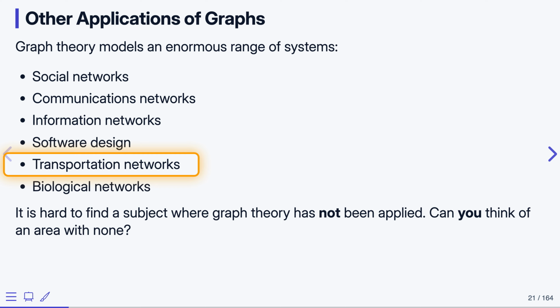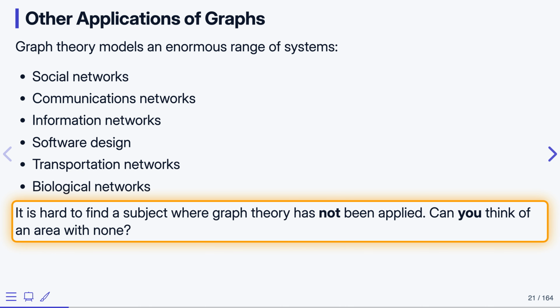Transportation networks, like roads and flights. And biological networks, like proteins in a cell. It really is very hard to find a field where graph theory has no use, so a small challenge for you. Can you think of one area with no application of graphs?